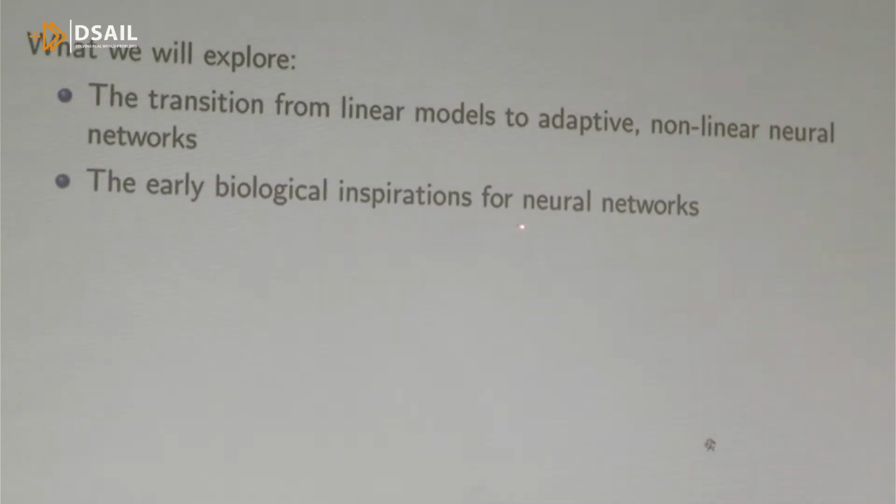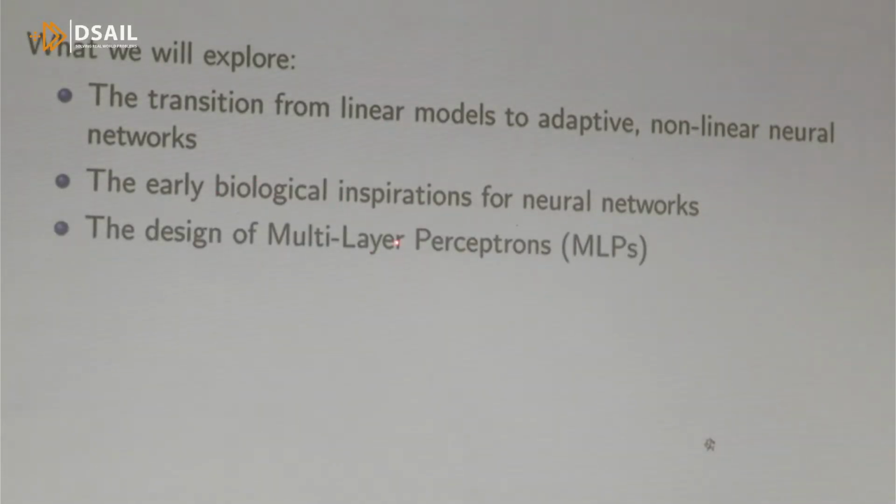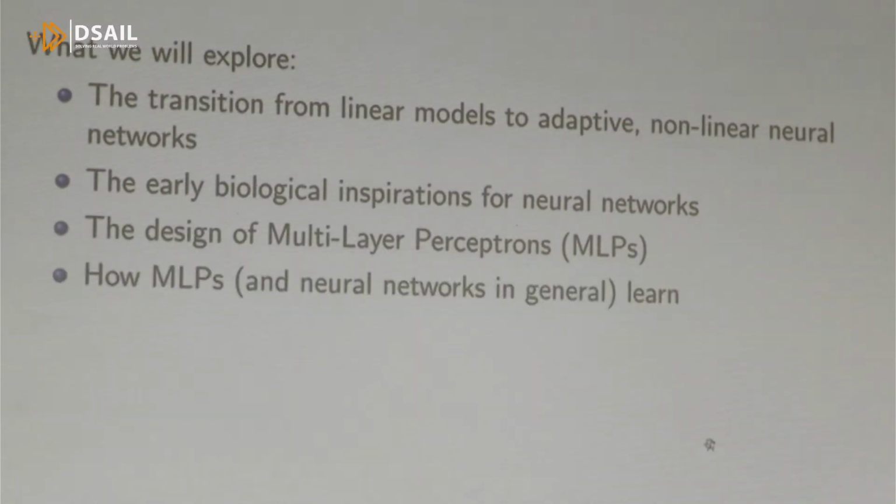We'll also look at the biological inspiration behind neural networks and how to design multi-layer perceptrons. Multi-layer perceptrons basically are what we would refer to as vanilla neural networks that have existed for a really long time, and how they work and how they learn.